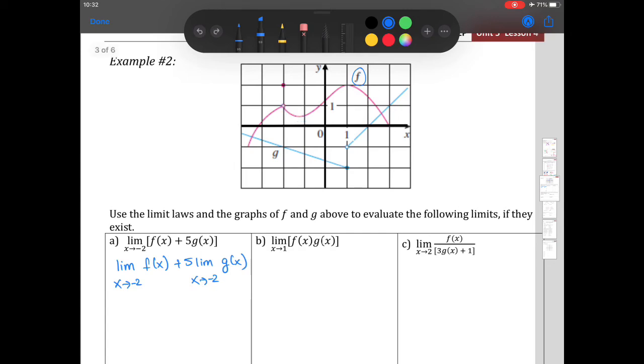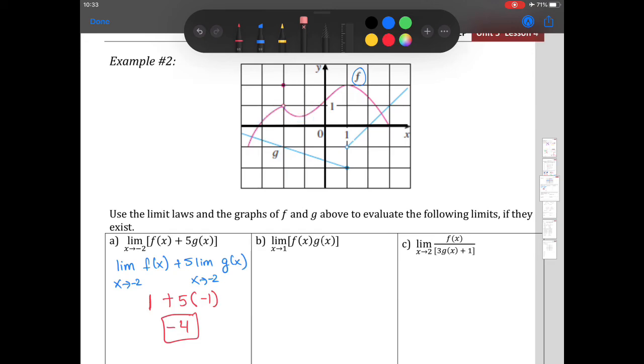From the left it's approaching 1. From the right also it's approaching 1, so it is just 1. Plus 5 times, let's look at the g function at -2. At -2, it is continuous, right? So it is approaching -1. So this is -5 plus 1, which is -4.